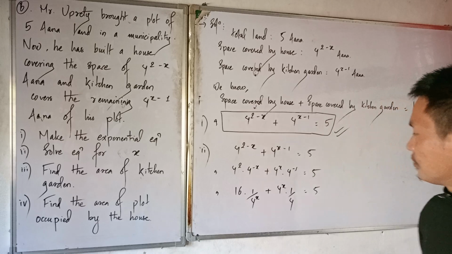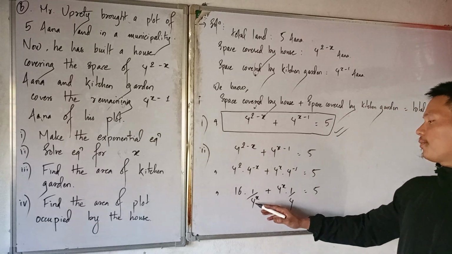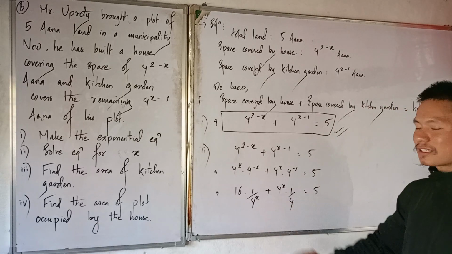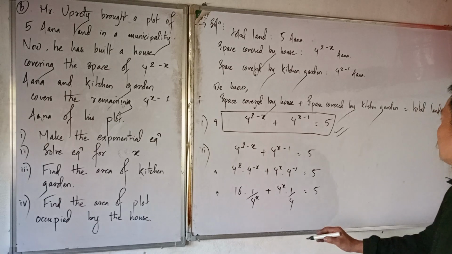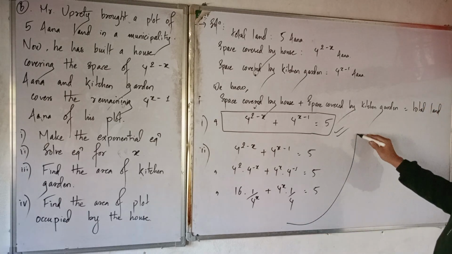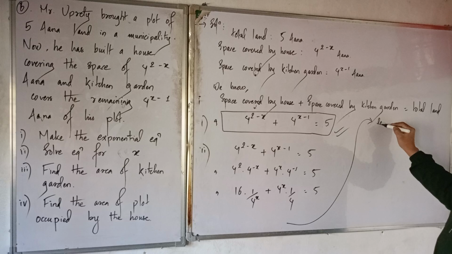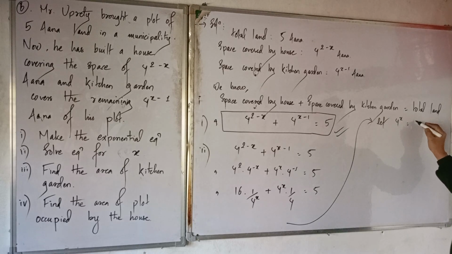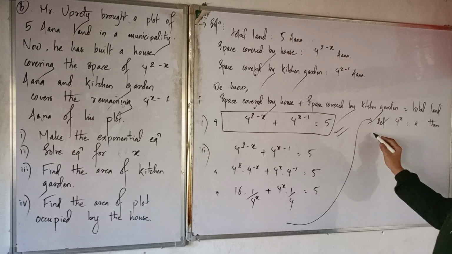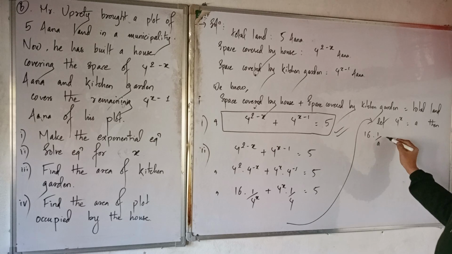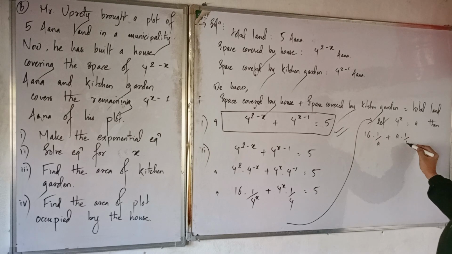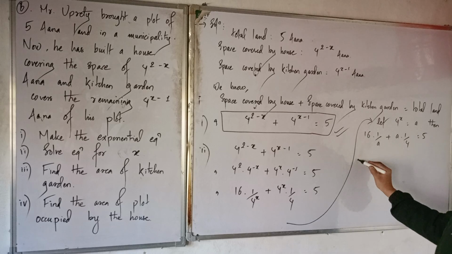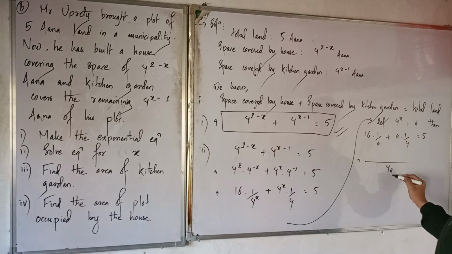Okay, now replace this 4 power x by some other variable. Let 4 power x be a. Then what you can write here is 16 times 1 by a plus a times 1 by 4 is equal to 5. Now you can write 4 times a as the LCM.